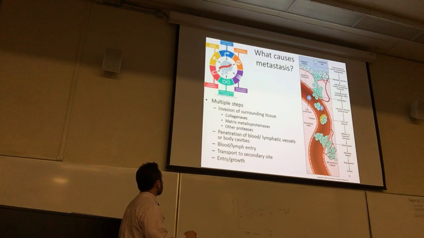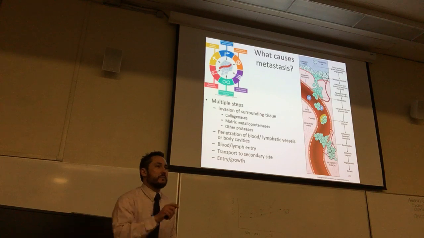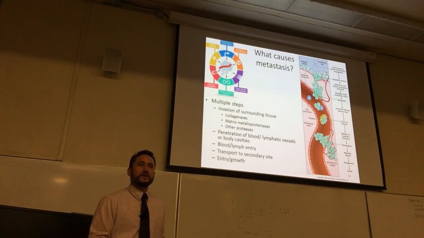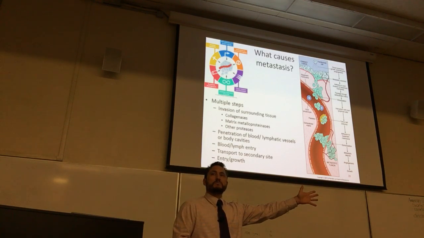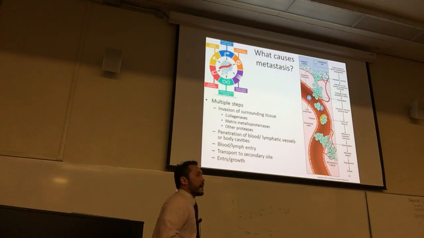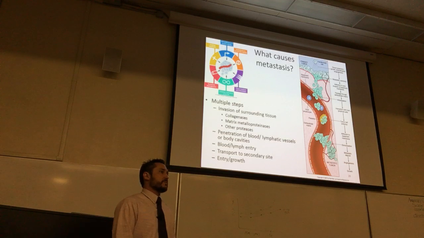And if it has a mutation that makes collagenases and other matrix metalloproteases, enzymes that digest away the basement membrane, now it's got a whole other tool in its tool belt, and it can actually break through the muscle layer or the basement membrane, and it can move into a highway network like the lymphatic circulation or into the circulatory system of the blood.